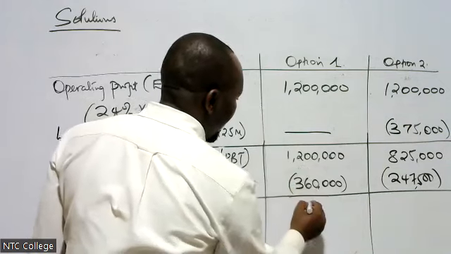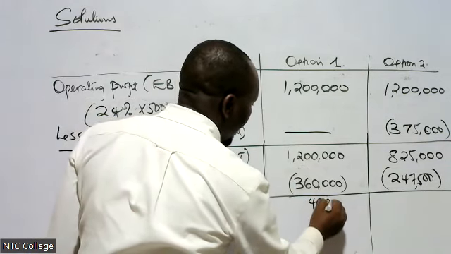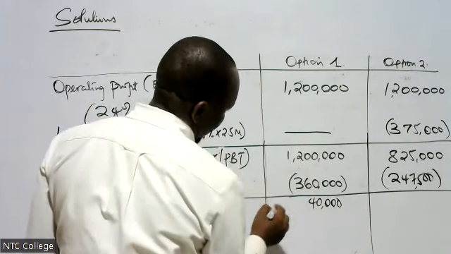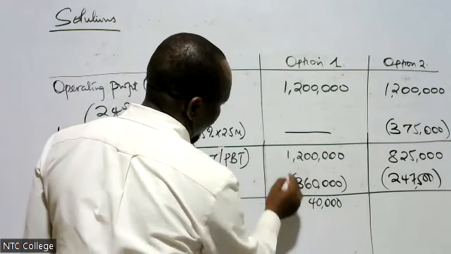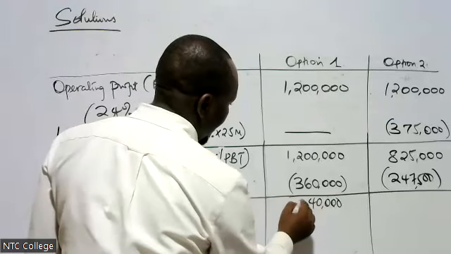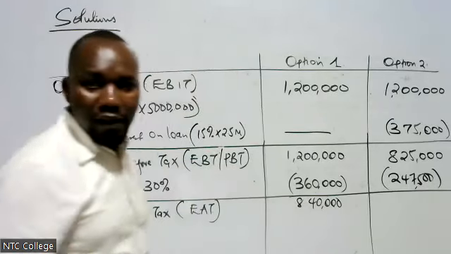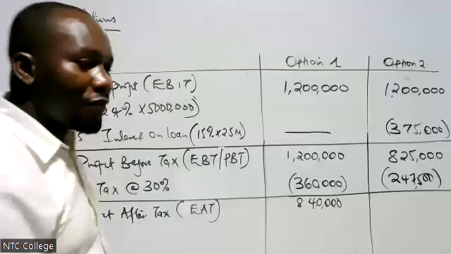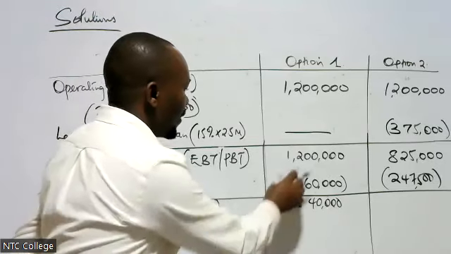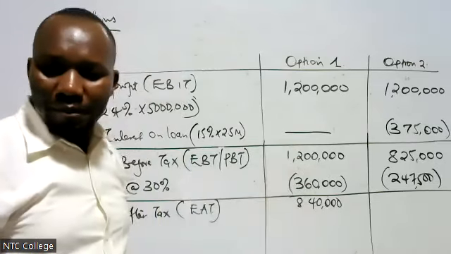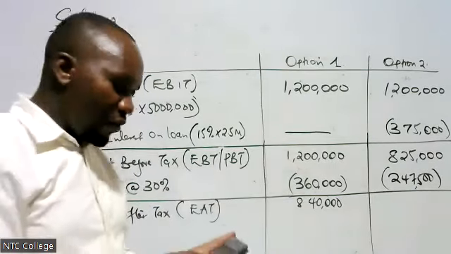We're going to have 840. Is it like that? I'm not very sure. Confirm. I can also use my calculator.